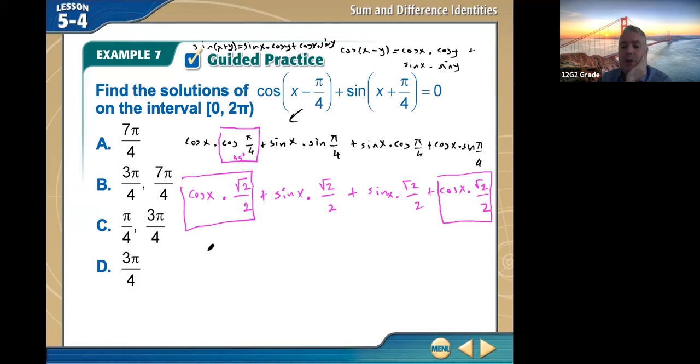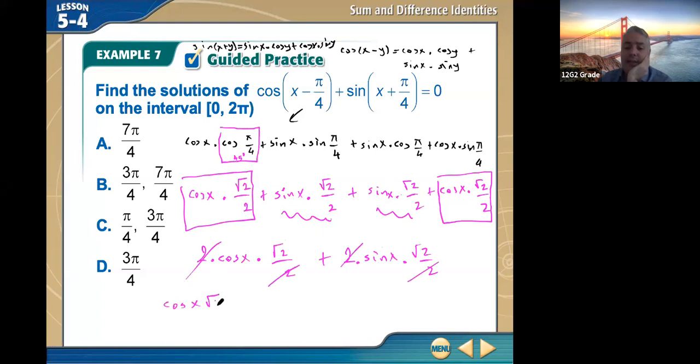Is this correct? So 2 times cosine of x times root 2 over 2. First of all, this and this I can simplify. Plus this one and this one are the same. So 2 times sine of x times root 2 over 2 I can say. This and this I can simplify. So what I have, cosine of x times root 2 plus sine of x times root 2 is equal to 0.